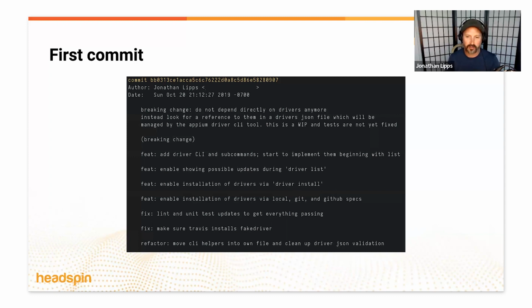But this was the work that added the new driver command line interface that lets you list and install and update drivers, which is a big part of Appium 2 now, because you can find and install drivers from a lot of places, not just the core Appium project anymore. So this was an important first piece to work on.